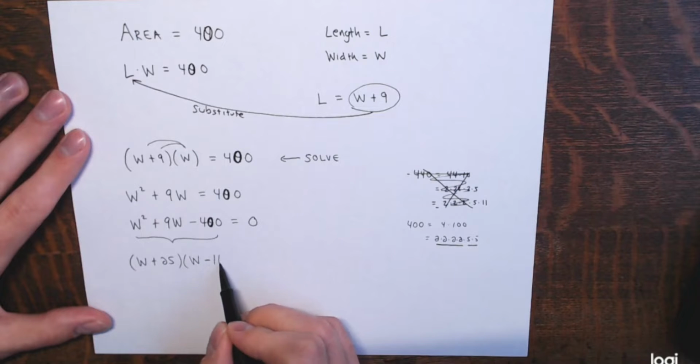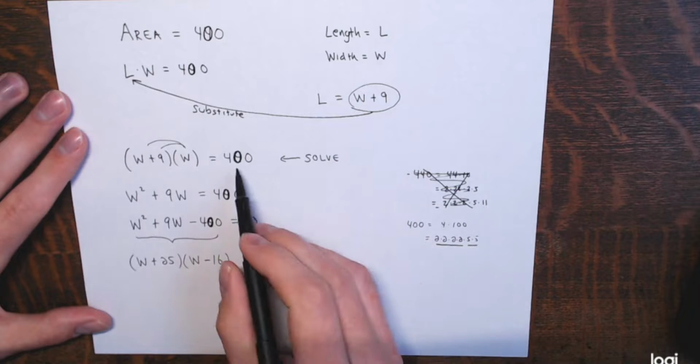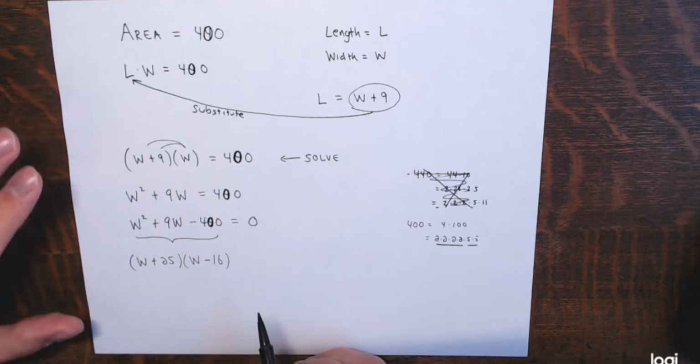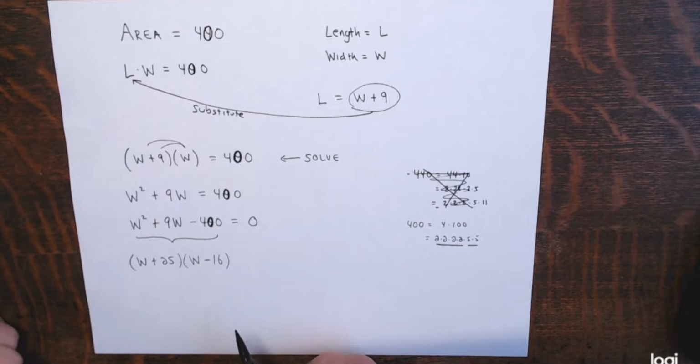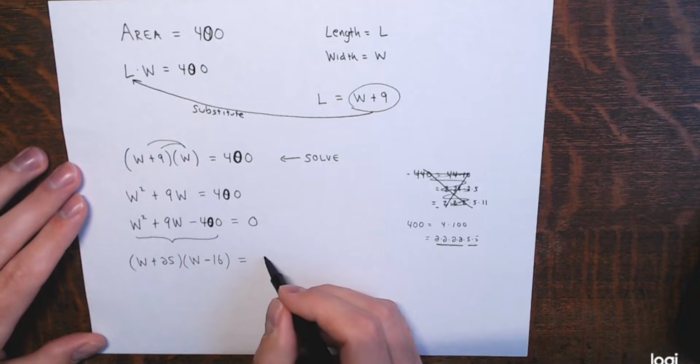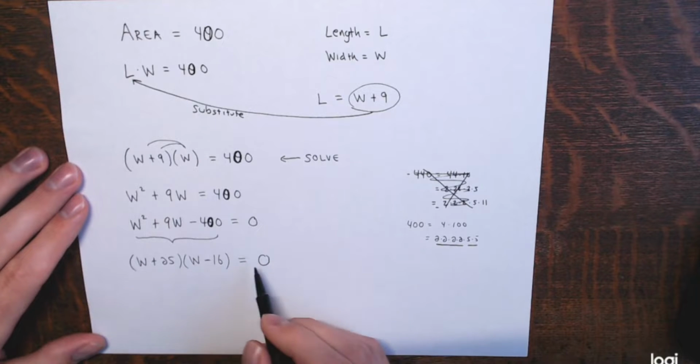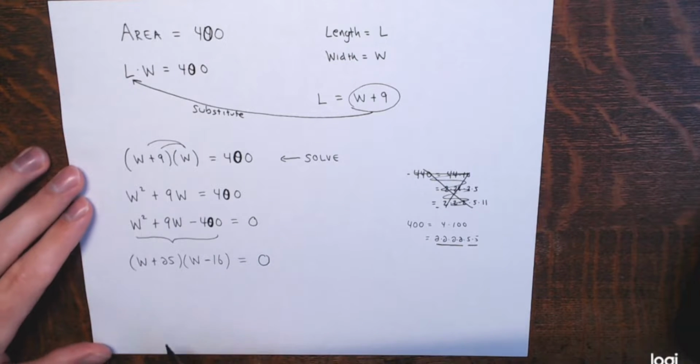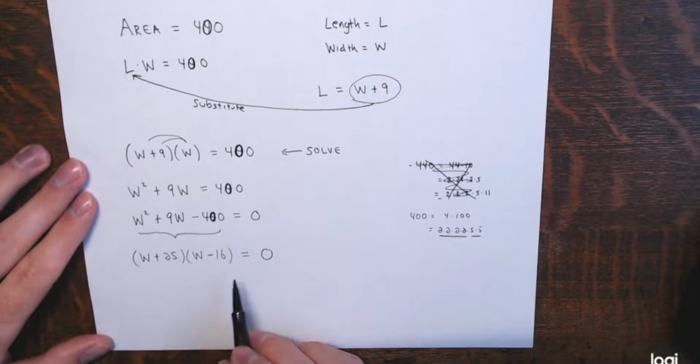Again, my apologies for the 440. Just be careful when you're writing stuff. But now I have what I want. I have a product equal to 0: w plus 25 times w minus 16 equals 0.